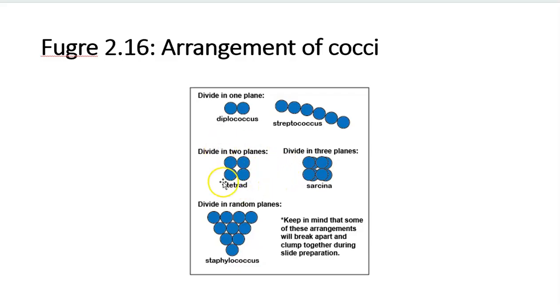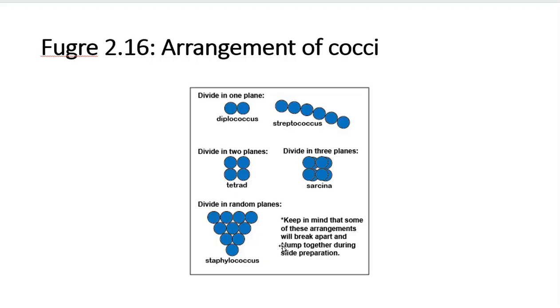It can divide in 2 or more planes. If it's in 2 planes, it forms a tetrad. 3 planes, sarcina. If it divides in random planes, just keeps dividing, it's a staphylococcus. So keep in mind, some of these will break apart, and we'll take a look at this under the slides. But if you have a staph, a lot of times you may see it reported in the smear as cocci seen singly, in pairs, and clusters.